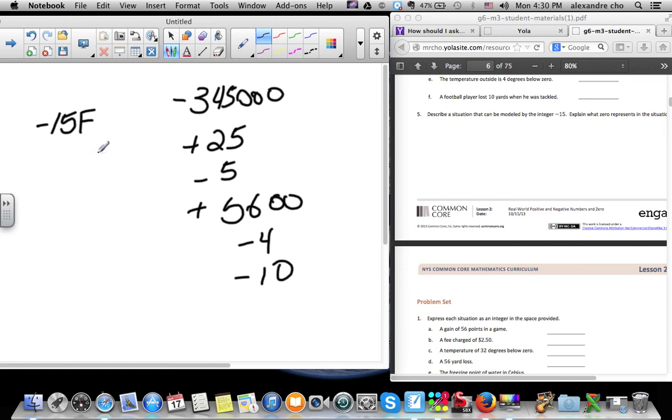Explain what 0 represents in this situation. Well, you know what, instead of Fahrenheit, I'm going to use Celsius. Negative 15 Celsius. And 0 represents the temperature in Celsius when water starts freezing.